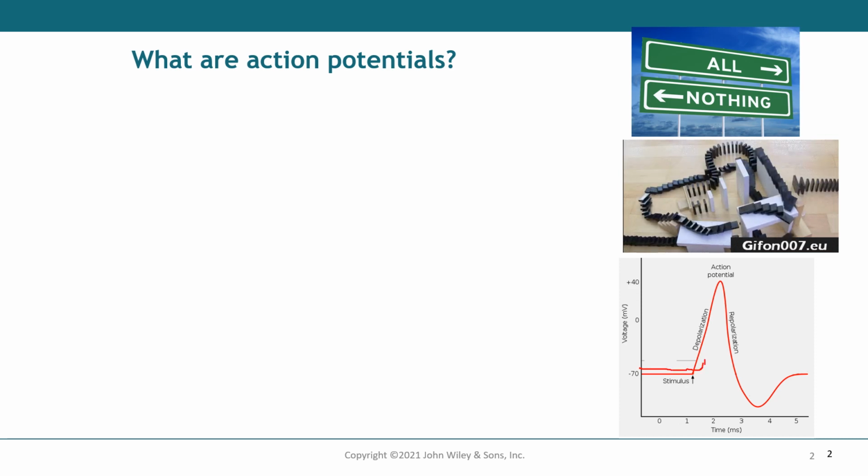Would you consider that an action potential? What about if you do something like this? What about if it's a million? What is the limit, and how do you decide what is an action potential?